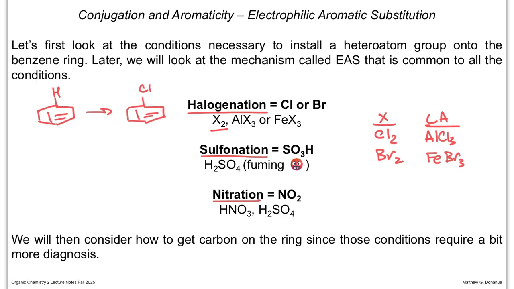So we take a benzene, we can make chlorobenzene. Again, later on, I'll tell you how the mechanism occurs, but for right now, we just want to know what are the conditions necessary.